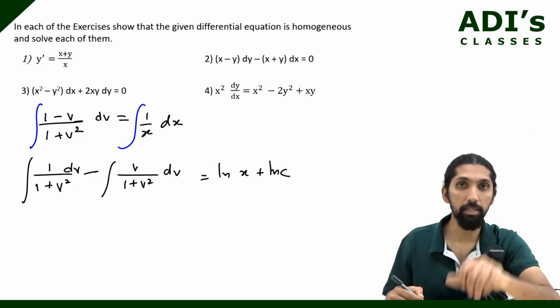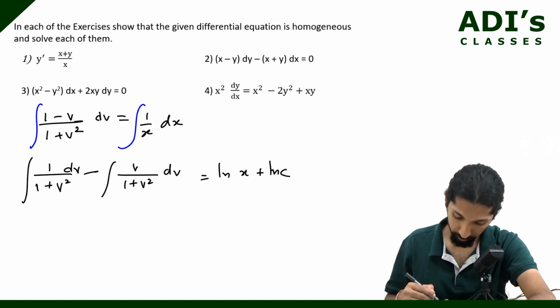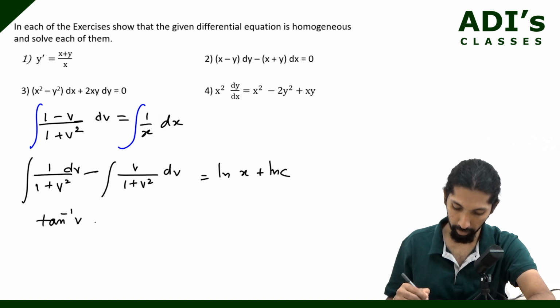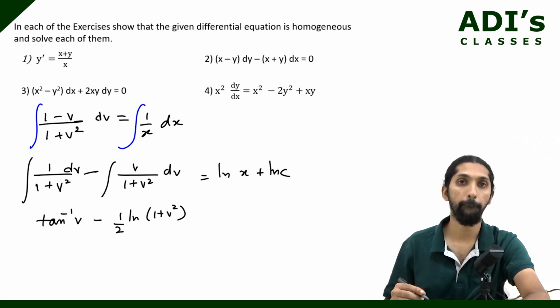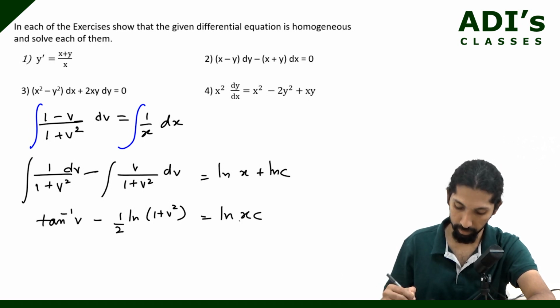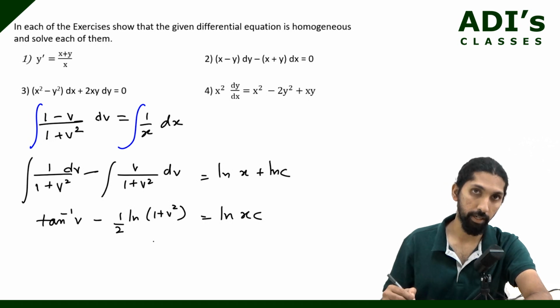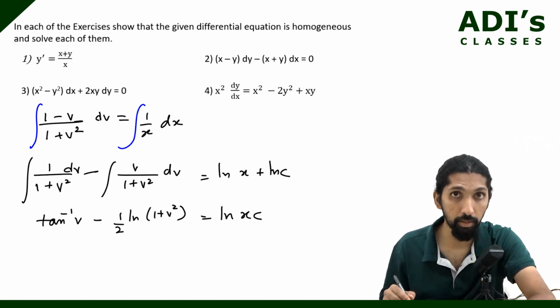Now the LHS part is very simple. This is going to be just tan inverse v minus 1 by 2 into log of 1 plus v square, is equal to log of x into c. Fair enough. So you can take the half log on the other side and simplify this one.